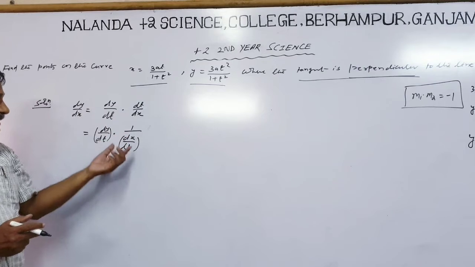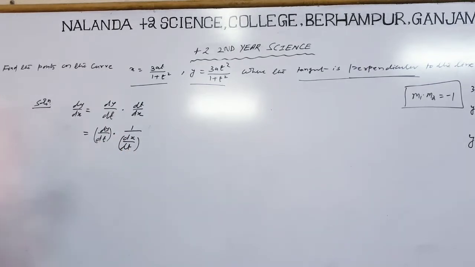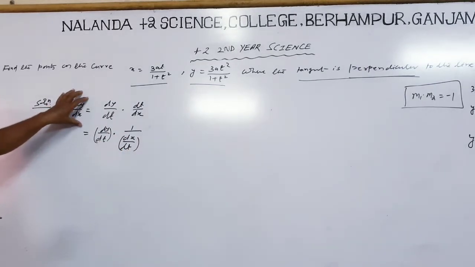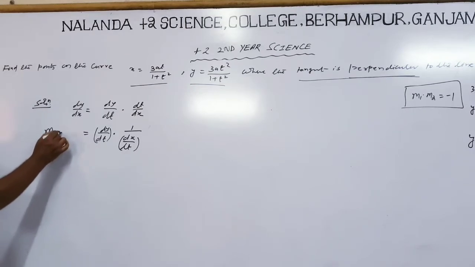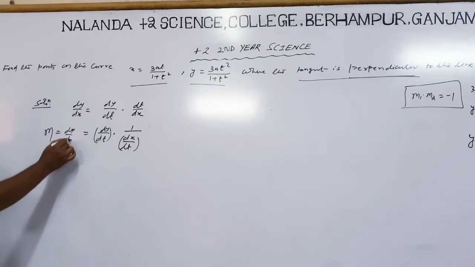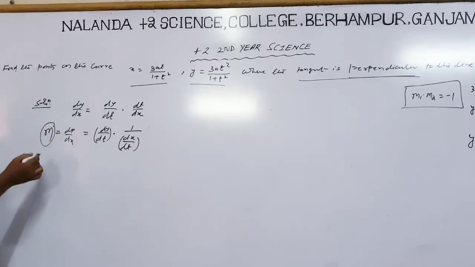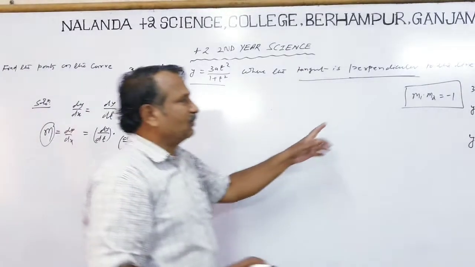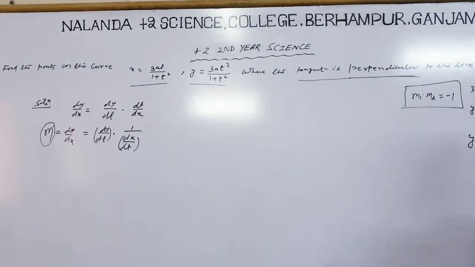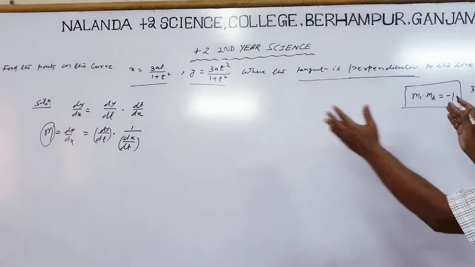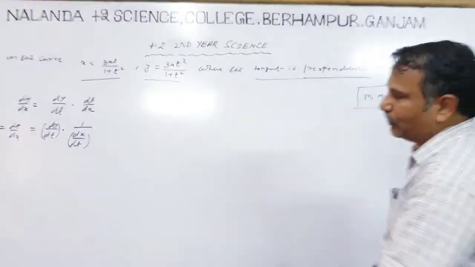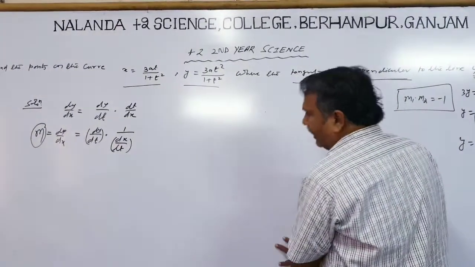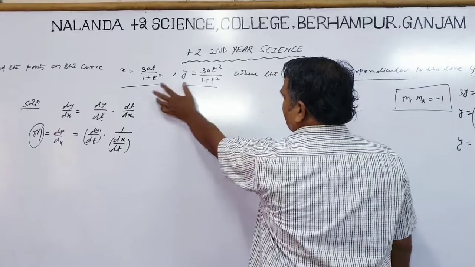From x, find dx by dt. Then finally we find dy by dx. Suppose this is equal to m. Now this is m. Find out, here m is given. Another m is given: minus 4 by 3. So m into minus 4 by 3 equal to minus 1. Then find out t. After getting t, substitute to get x and y.